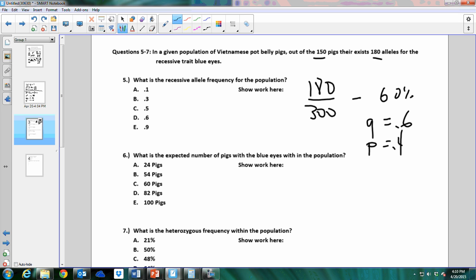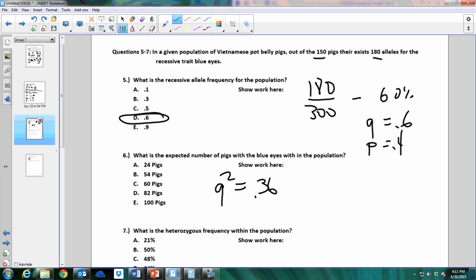So what is the recessive allele frequency in the population? 0.6. What is the expected number of pigs with blue eyes in the population? Well, that's q squared. q squared is equal to the percentage of pigs, so that's 0.36. Where'd I get that? It's just 0.6 squared.